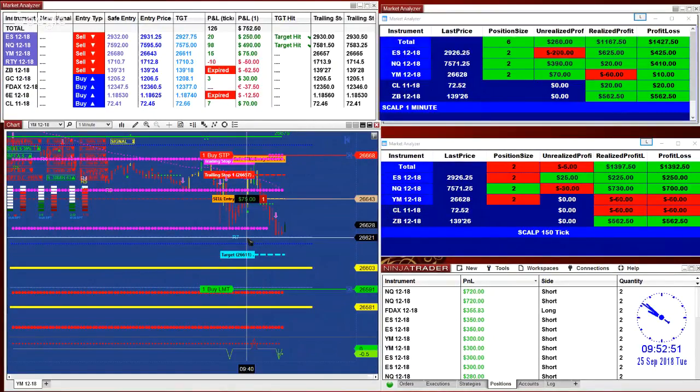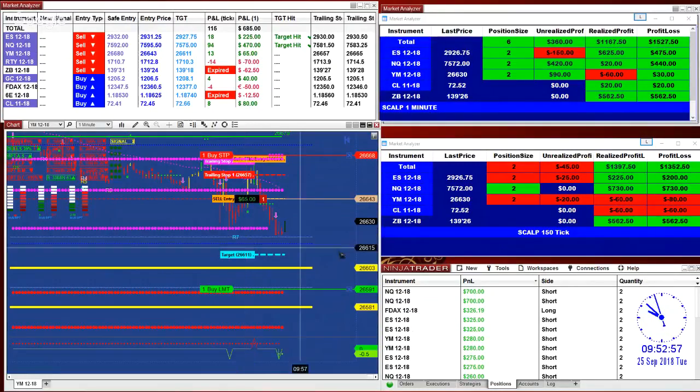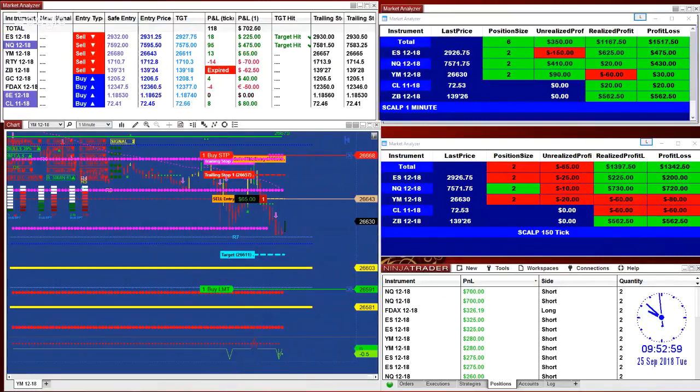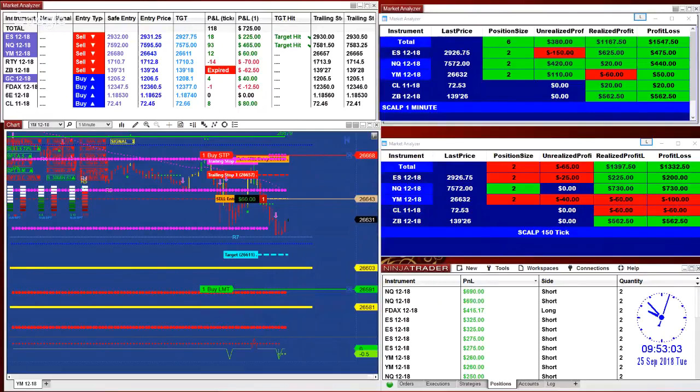We immediately try to warn the traders, whether you are an auto trader or a manual trader. We try to warn you when there is a little sideways in the market or the market is diving into chop.